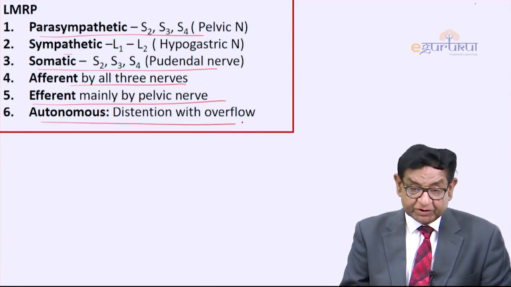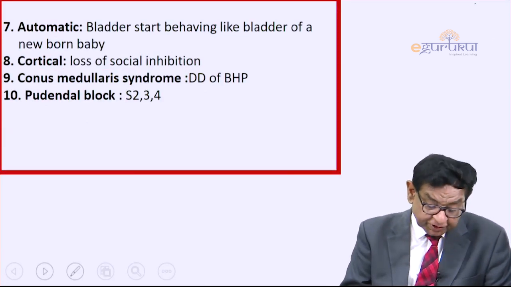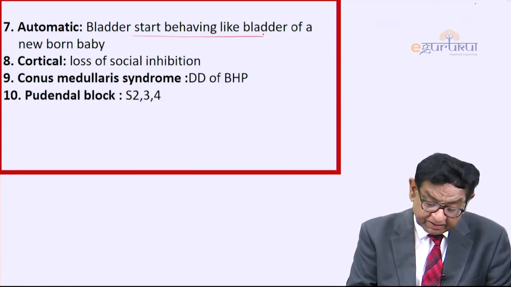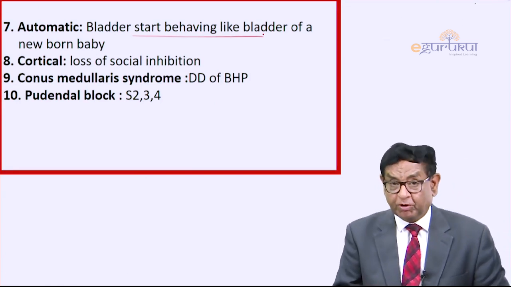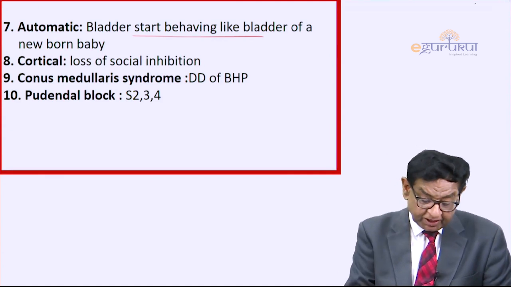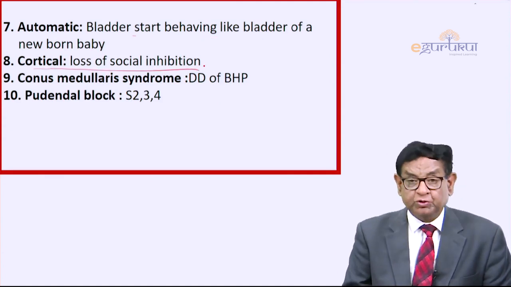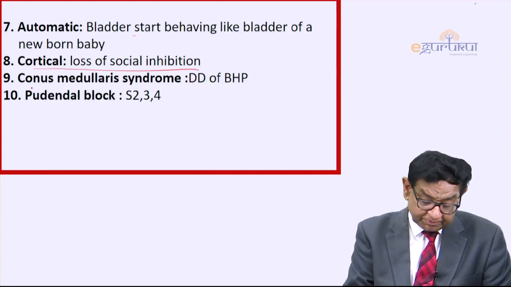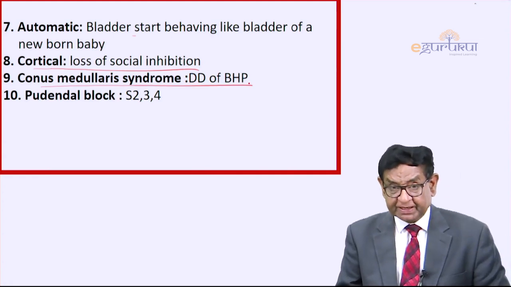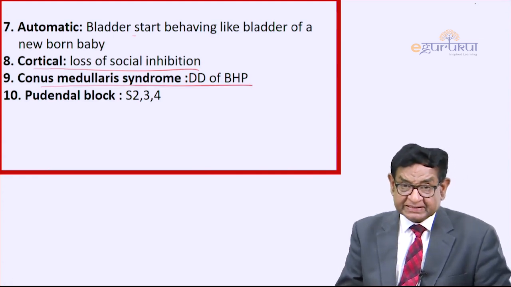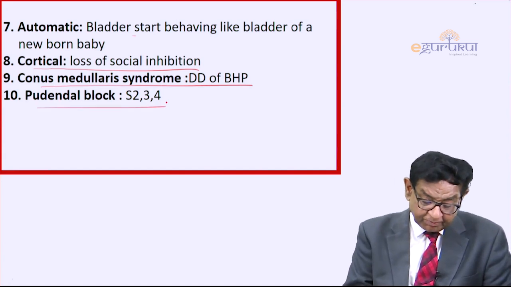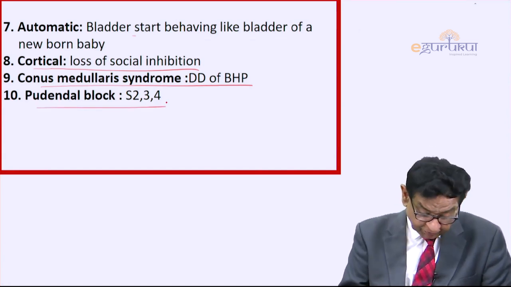Autonomic bladder is distension with overflow when the lesion occurs in S234. Automatic bladder starts behaving like a newborn bladder when the lesion occurs in the thorax. Cortical: loss of social inhibition. And conus bladder syndrome is an important DD of BHP, and we can differentiate by perianal sensation. And in pudendal block, we block S234.